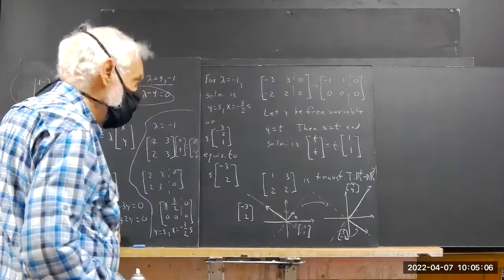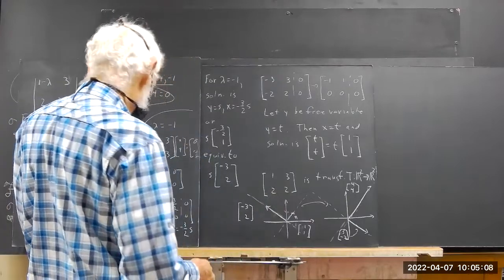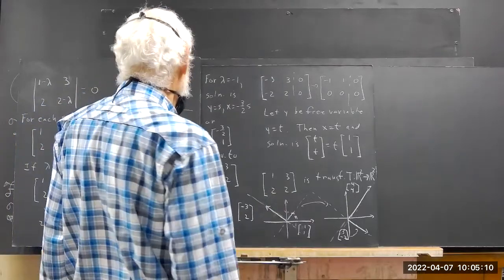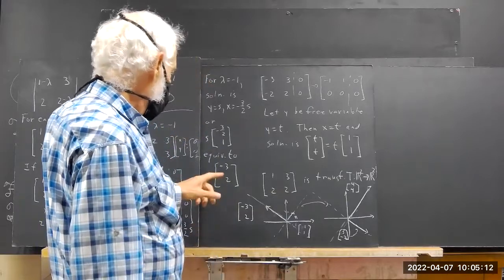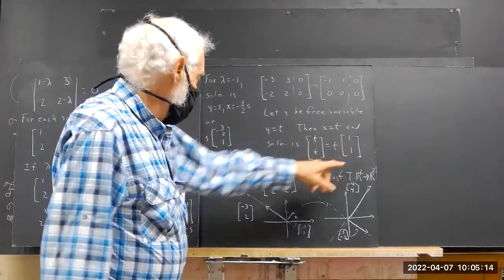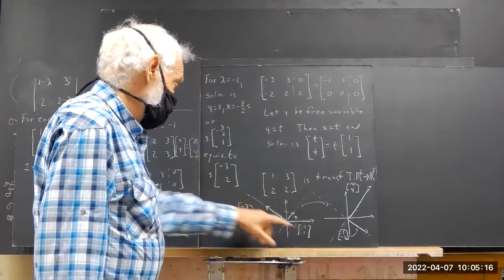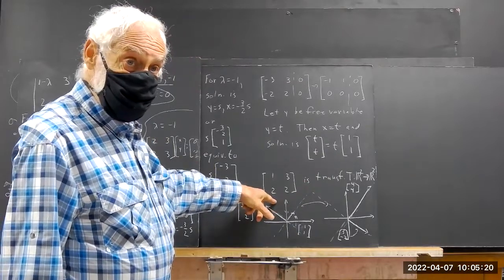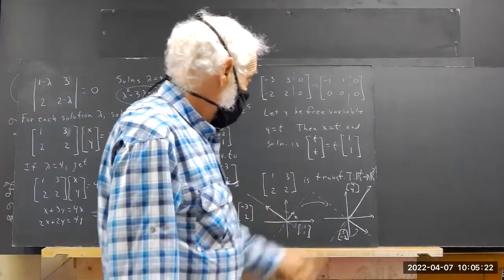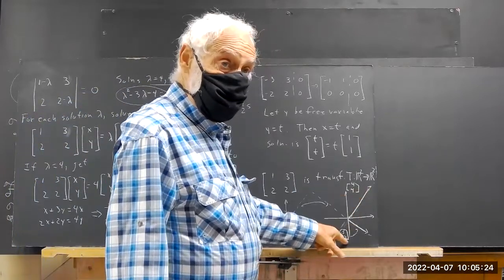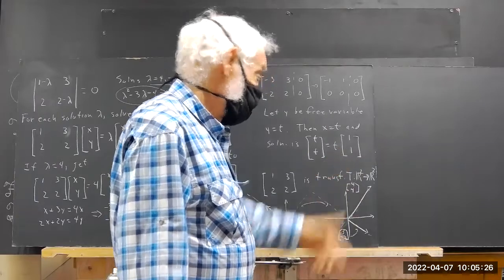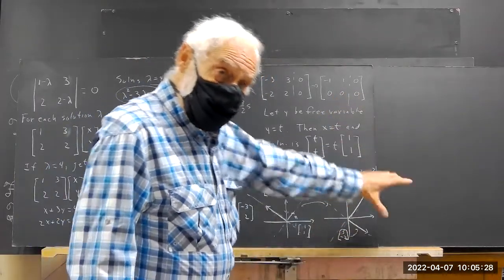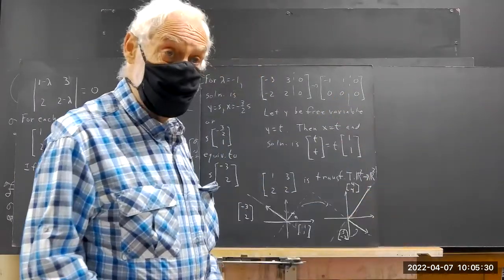Okay, well, let's take this just a little further. These two vectors, 1, 1 and negative 3, 2, form a basis for R2. And over here, the transformed vectors, of course, form a basis for our transform space.